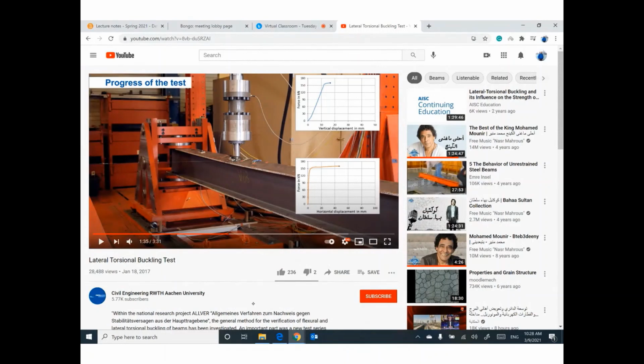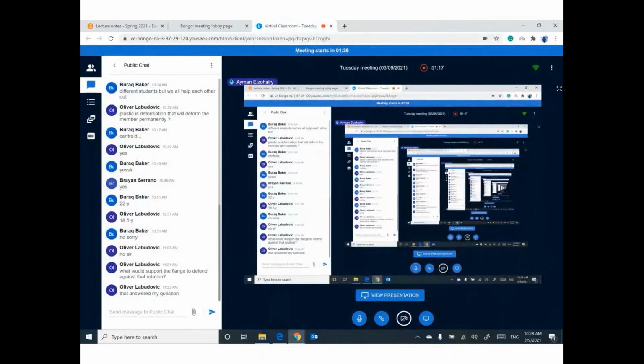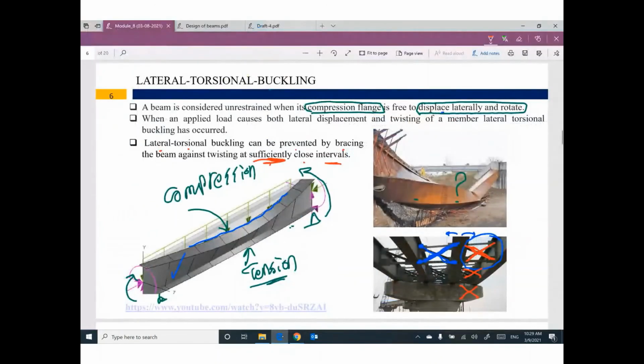We don't like it because, if you expect what would support the flange to defend against it. Thank you, Oliver, for your question. The answer is bracing. If you look at any steel bridge around you, you will find this bracing, and this bracing will be repeated at equal intervals.